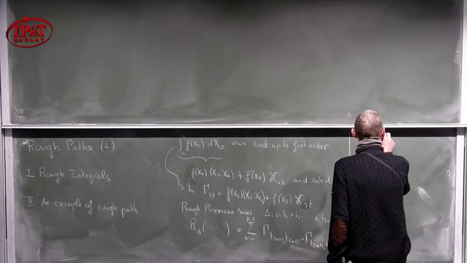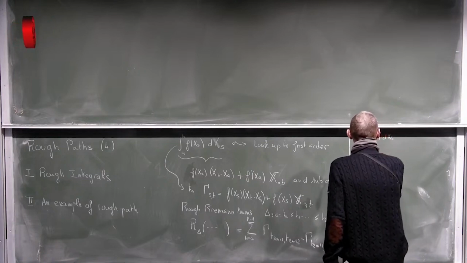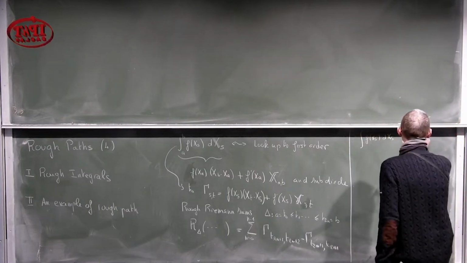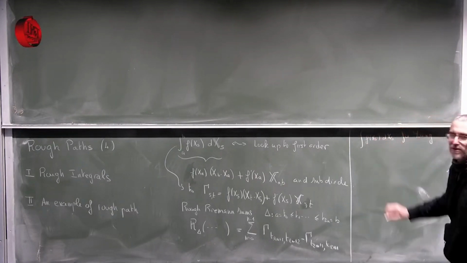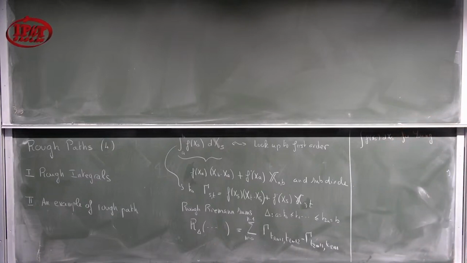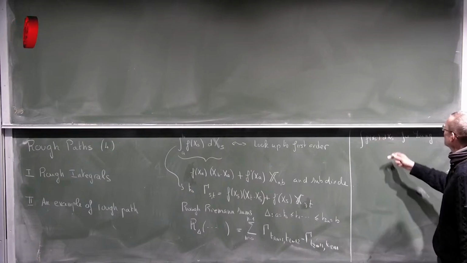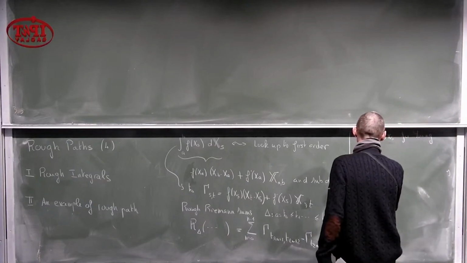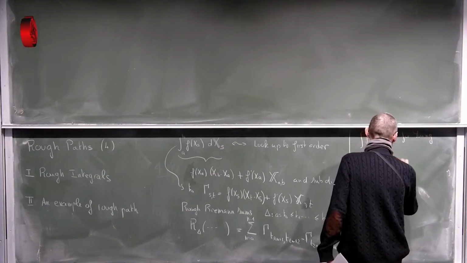When we defined the Young integral, in fact, if you look at the notes, there are some comments on what you can do with this. You try to integrate a function of x_s against x_s. But what we did was, in fact, we went to something more general, which was y_s dx_s.